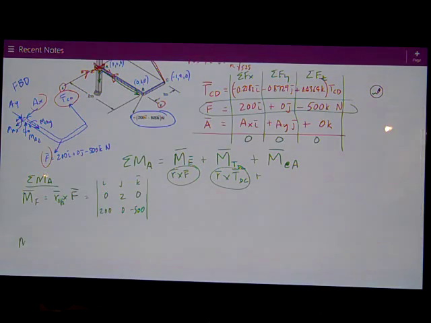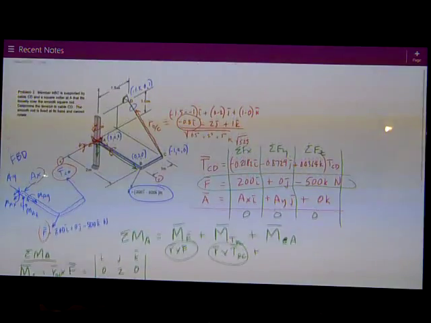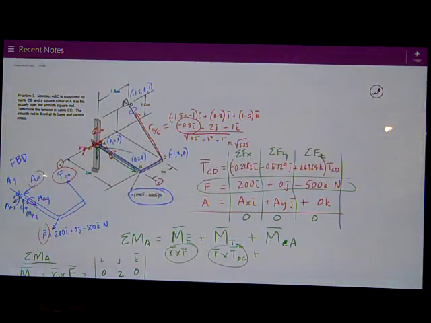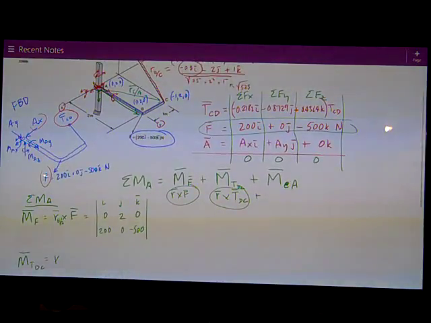Then I have the moment caused by the force in the cable, TDC. That's another position vector, R, in this case from A to C. RC over A is what we would call it. And once again, A is at 0, 0, 0, so R is just C over A crossed with TDC, which is a 3 by 3 determinant that looks like this: i, j, k.